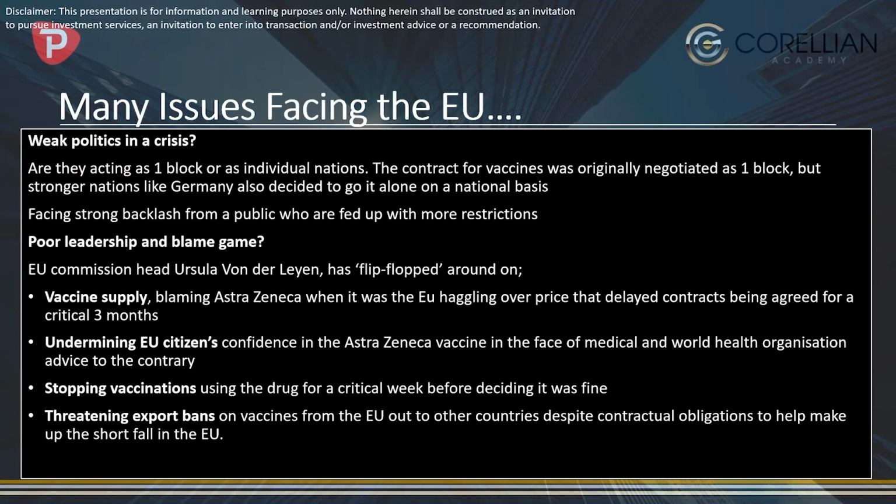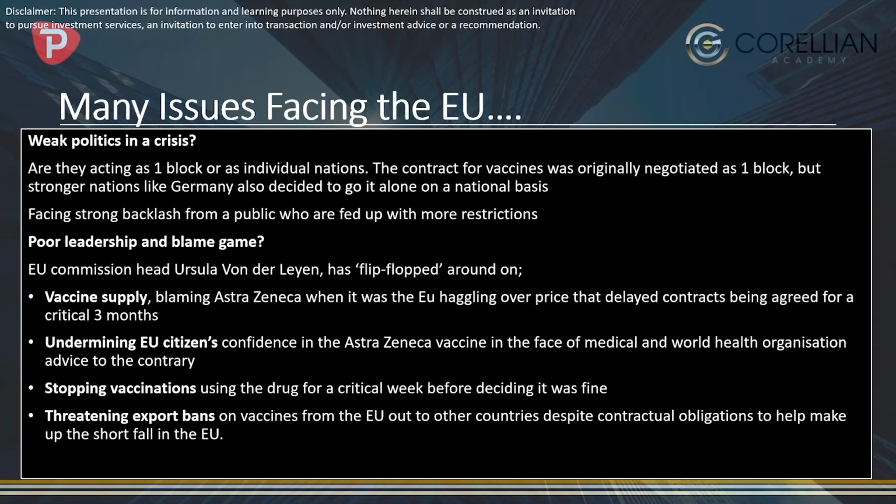I'm going to pick a couple of points out for you, but this really has been one of the most poorly handled crises that the ECB's gone into, and they've been left wanting, to be honest. I think there is a danger here that with this typical EU leadership blame game and everything else, a lot of credibility has gone. We've seen Ursula von der Leyen literally flip around on so many different things, it's becoming a joke.